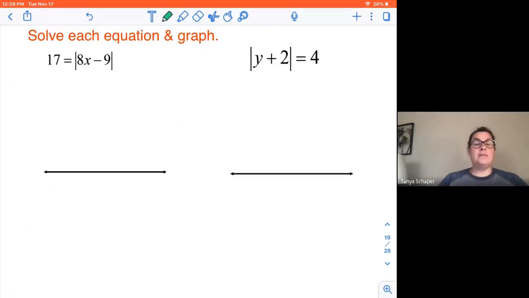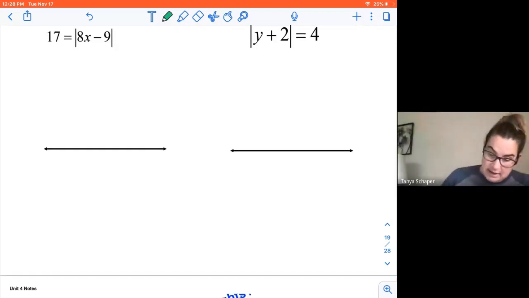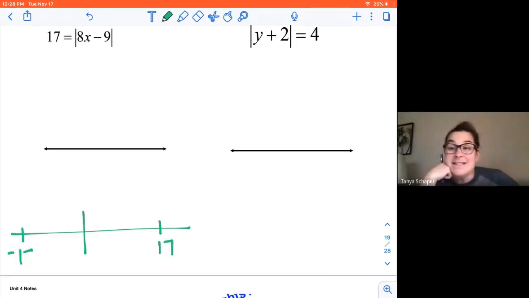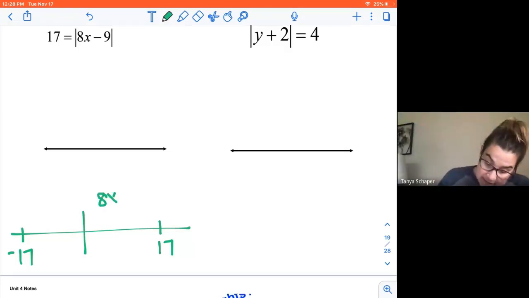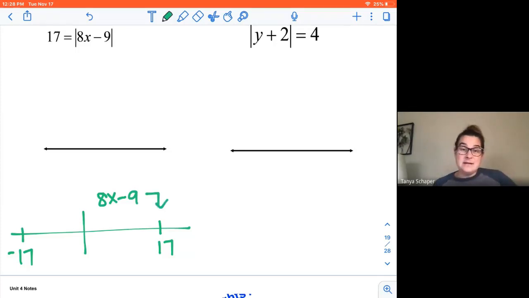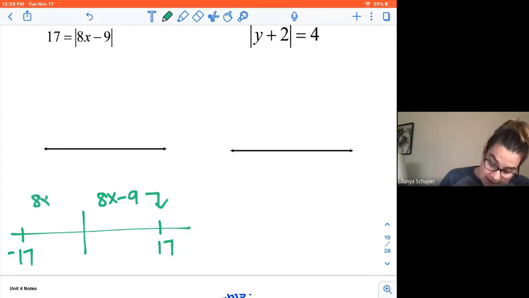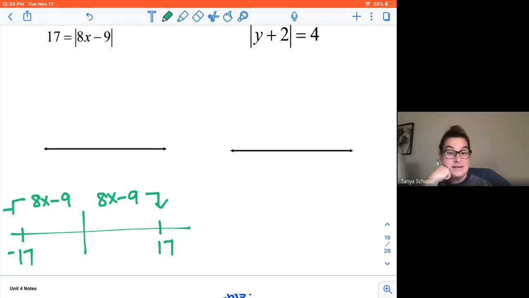Here's a couple more. The absolute value of 8 times a number minus 9 is 17. So what that tells me is that I'm going to need to be 17 away on the positive and 17 away on the negative side. So 8x minus 9 has to get me to positive 17, and 8x minus 9 has to get me to negative 17.